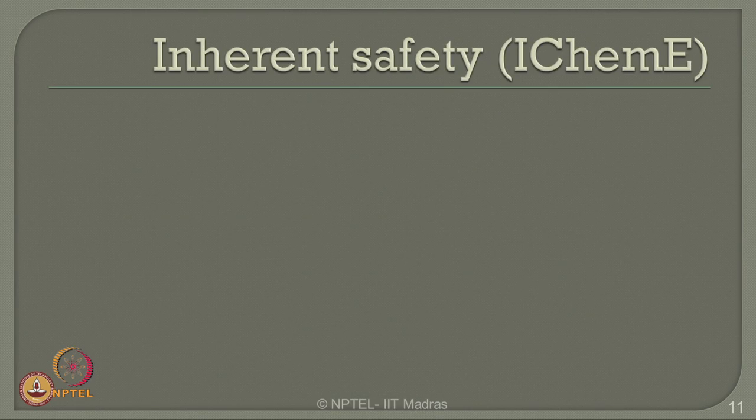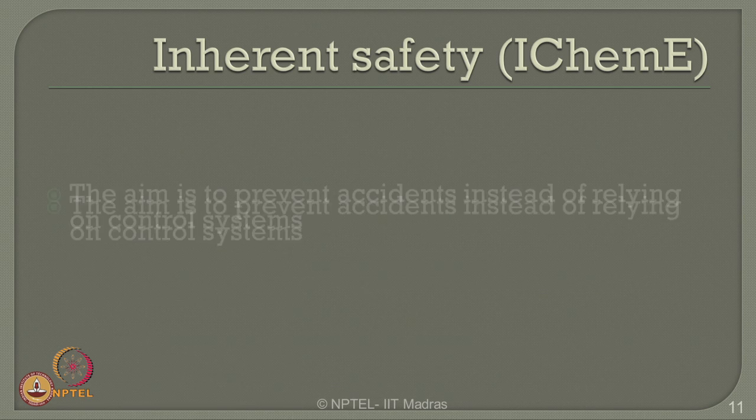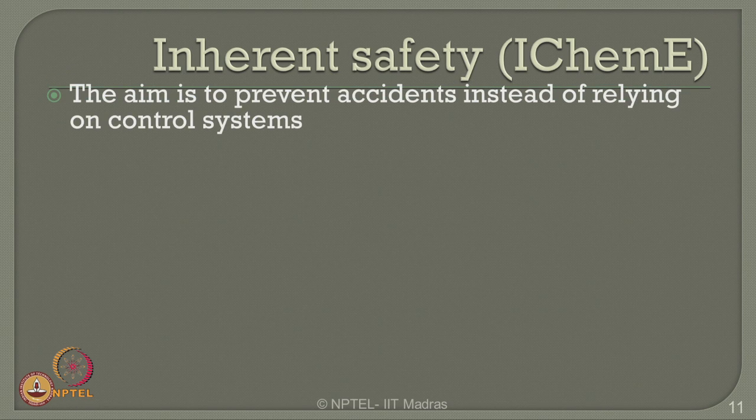When we talk about chemical risk, especially process safety regulations in process industries, we underline what is called inherent safety, which is imposed in chemical plants or process plants. The aim of inherent safety is basically to prevent accidents instead of relying on the control systems. It is a very intelligent way of improving safety.